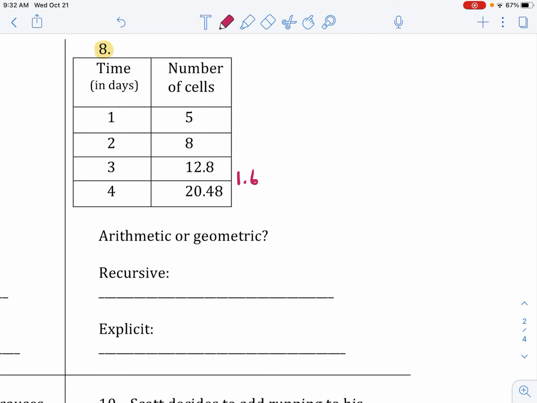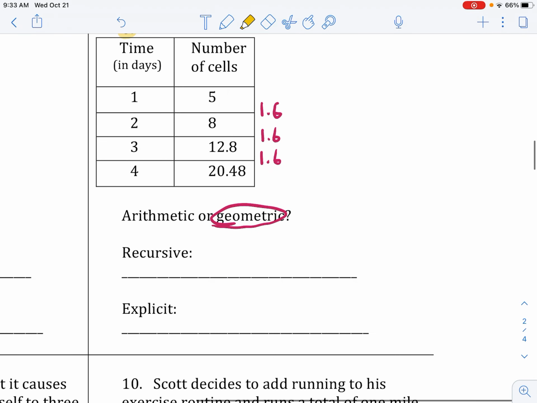And if you do 12.8 divided by 8, you're going to get 1.6. So if you divide going this way, you're going to figure out what you're multiplying by this way. So in this case, this is a geometric sequence, and our common ratio is 1.6. And my start value is 5.